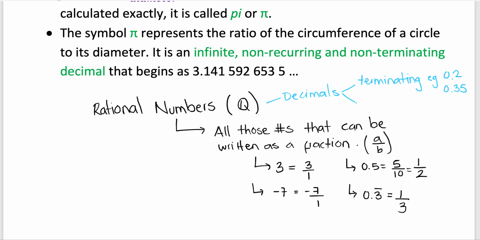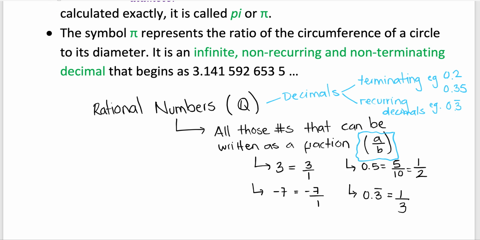We can also have those that are recurring decimals, like, for example, what I wrote at the bottom, 0.3 and goes forever. So those terminating and recurring decimals that can be written as a fraction, that's the condition, that's why it is important. If they can be written as a fraction, then they're called rational numbers.